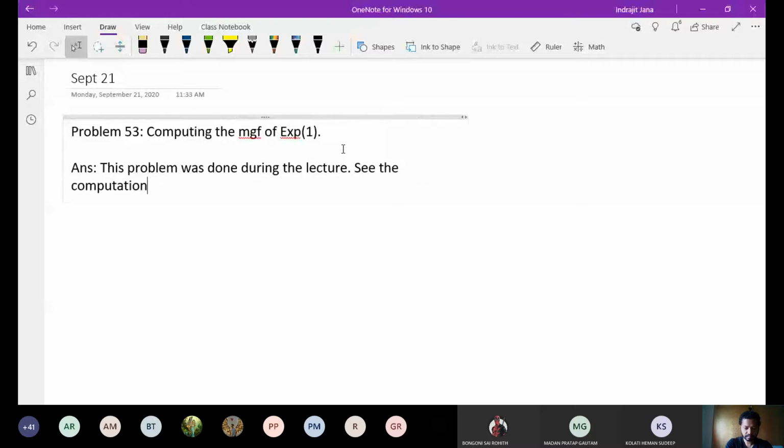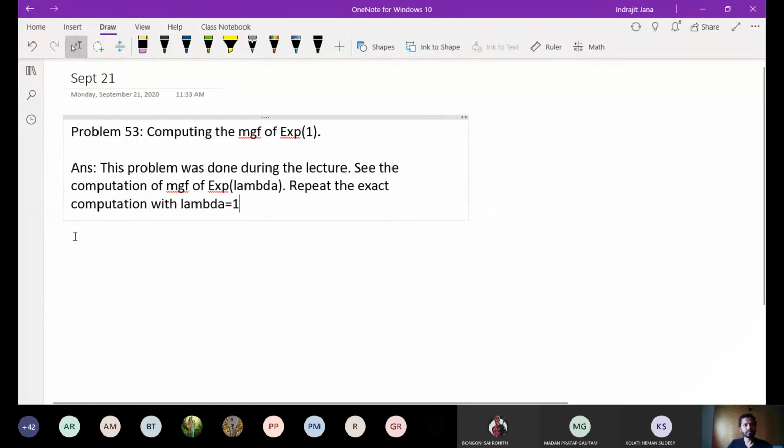Repeat the exact same computation with lambda equal to 1.